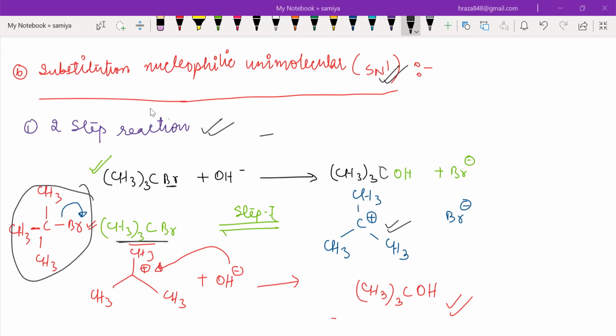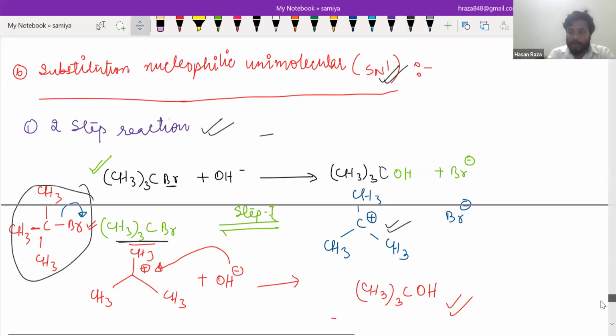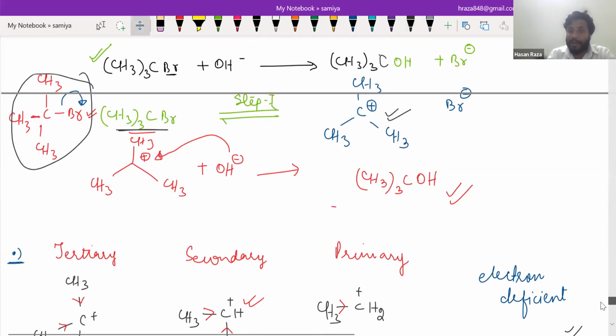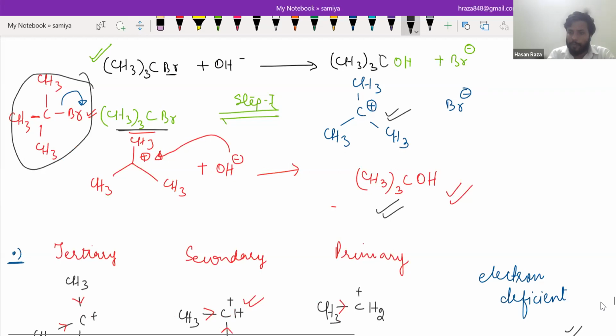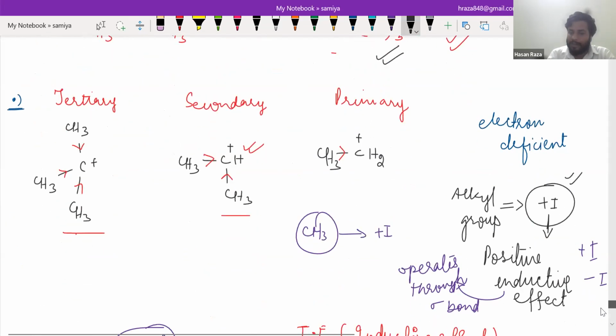Done, sir. Thank you. Now see, Madhya, in the first step there will be formation of carbocation, and in the second step there will be attack of nucleophile, and then the reaction product will form. Now what I was explaining is that tertiary carbocation, secondary carbocation, and primary carbocation, in this, tertiary carbocation is most stable.